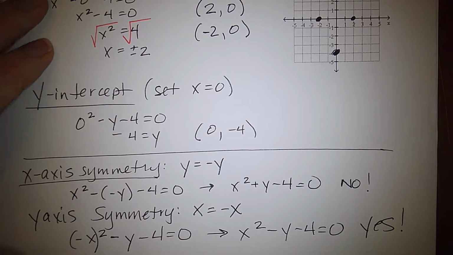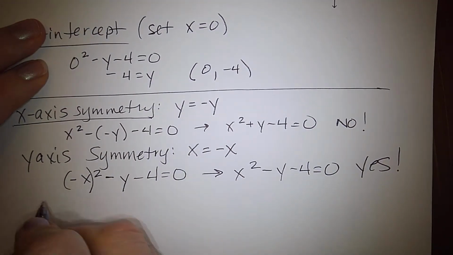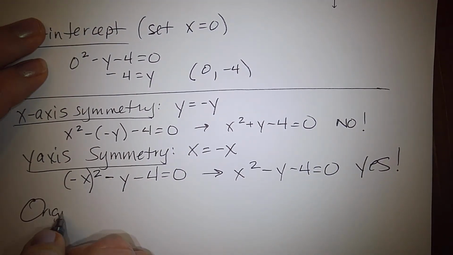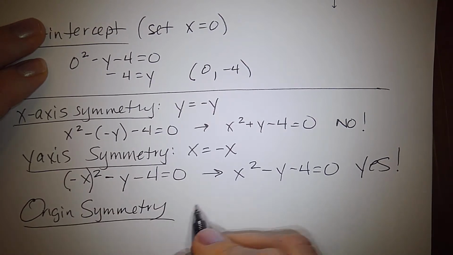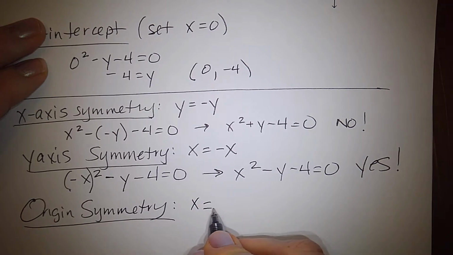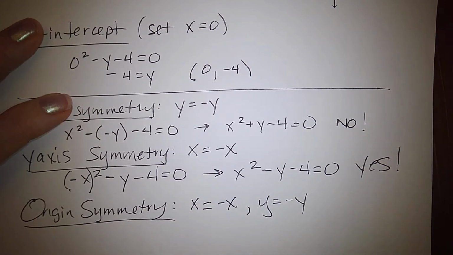So the last type of symmetry is origin symmetry. So let's test for origin symmetry last. If I test for origin symmetry, don't forget we have to test not only whether x is equal to negative x, but also y.